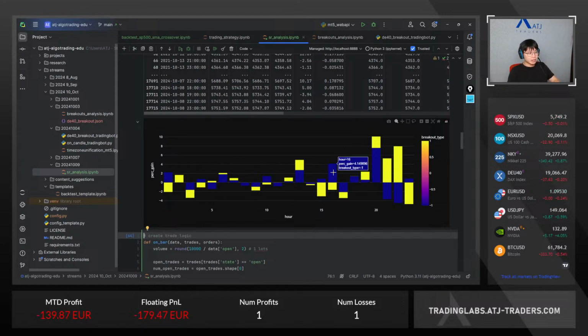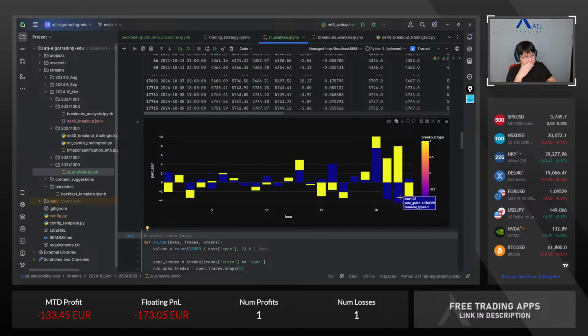So here we see the market open, and the yellow ones represent bullish breakouts, and the blue ones represent the bearish breakouts. What we see here is that the breakouts tend to perform the best at 21 and 22, with the bearish one being quite bad here.